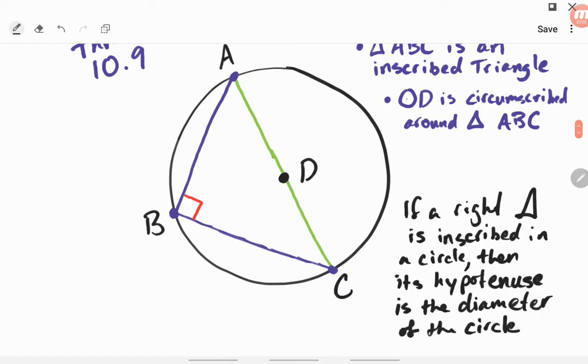Not only is it the diameter, we can say that it passes through the center of the circle, right? It passes through point D. AC, the diameter of the circle, has to pass through the center of the circle, and we can see that AC is, in fact, the hypotenuse of this right triangle.